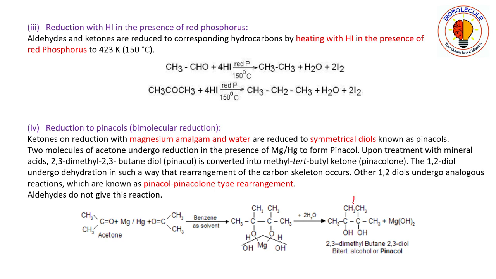If you break it, this portion up to this portion comes from the first acetone molecule and this fragment comes from the second acetone molecule. Note here that if you reduce this carbon-oxygen double bond, you will get this C-OH, you will get CHOH.